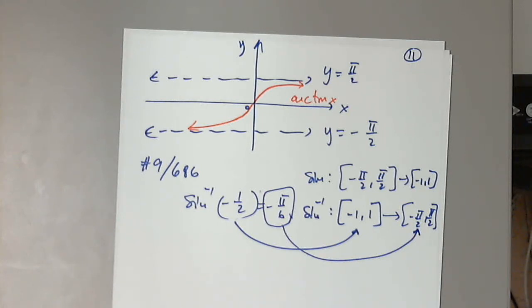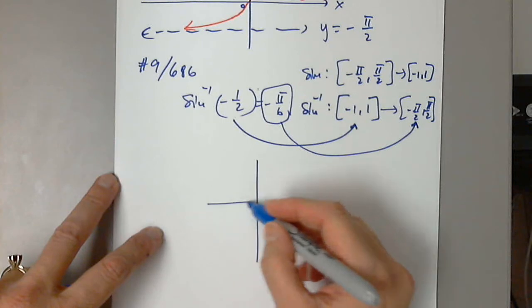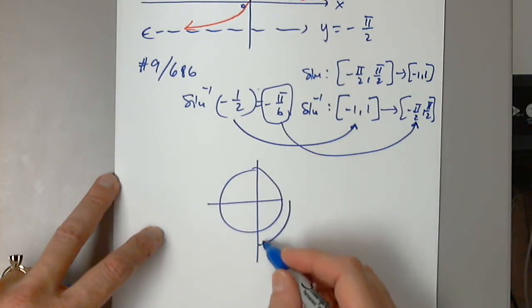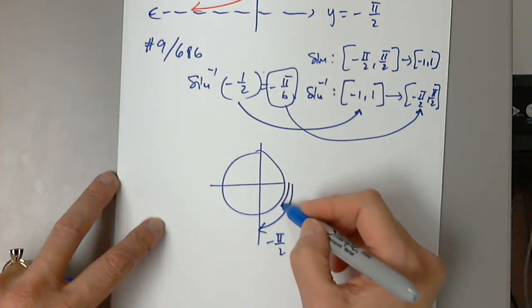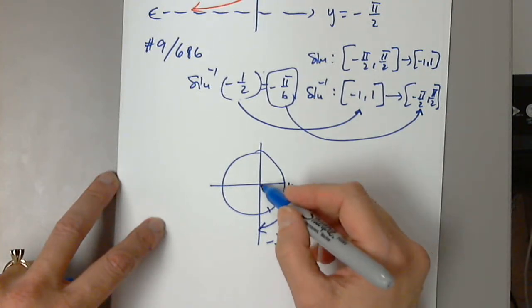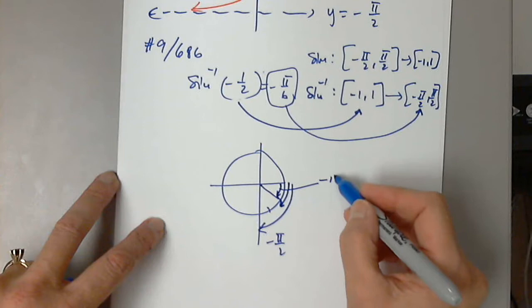What is -π/2? No, π/2 is 90, so this is -π/2, and this is -π/6.